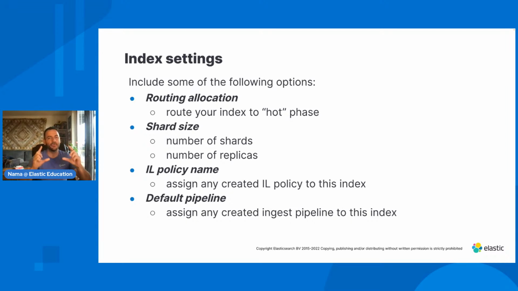I'm basically doing a very small miniature demo that hopefully you could expand on. So these aren't recommended settings at all. These are just things that you can do in here. Also, we're going to assign the index lifecycle policy that we just created. Also, the default pipeline, so all of our docs that go into this index get scrubbed.